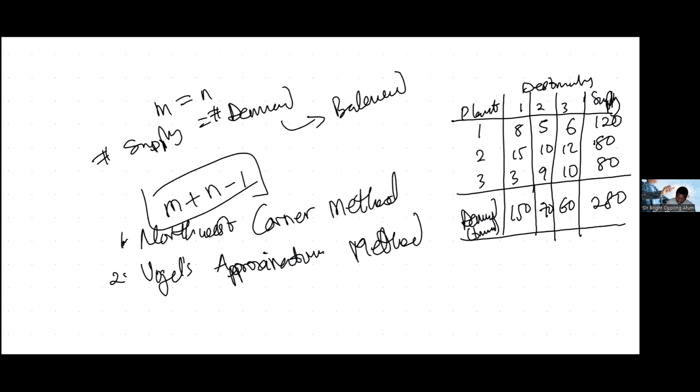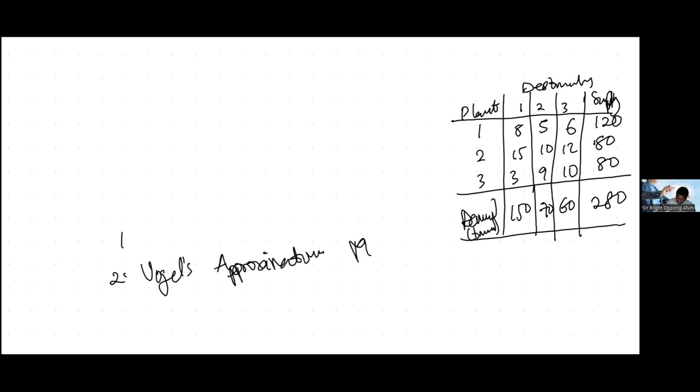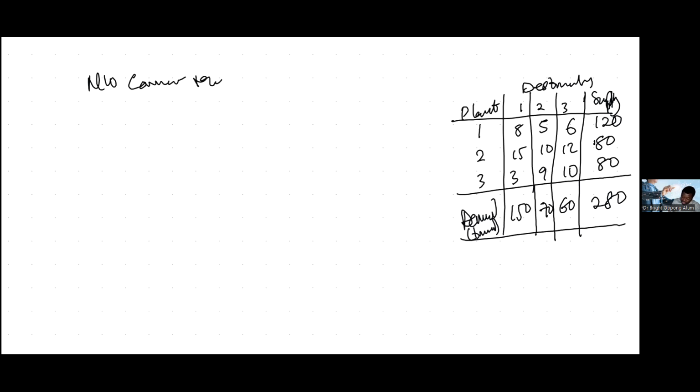All right, so let me clean this space here so that I can use it as my tableau to solve this transportation problem. The first one we are doing is using the northwest corner method for our initial solution allocation.